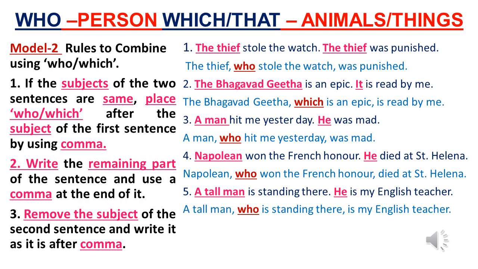Is an epic. Place a comma next to it. Go to the second sentence. Remove the subject it. Then place the remaining part of the sentence. Is read by me. Keep the full stop at the end of the sentence. The Bhagavad Gita, which is an epic, is read by me. Once check the remaining examples with the 3 rules.